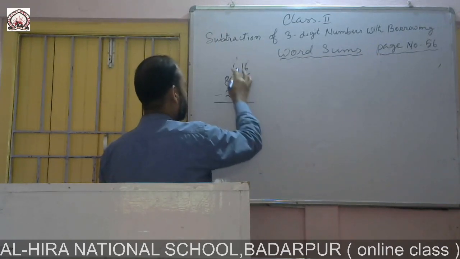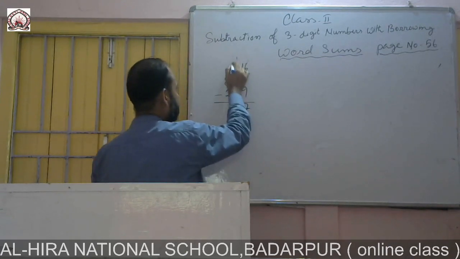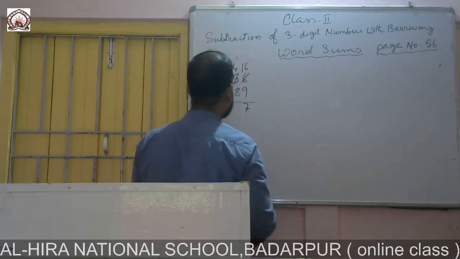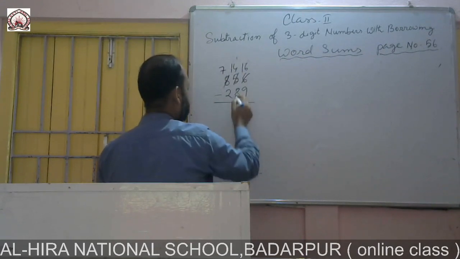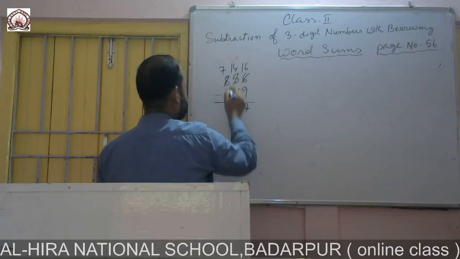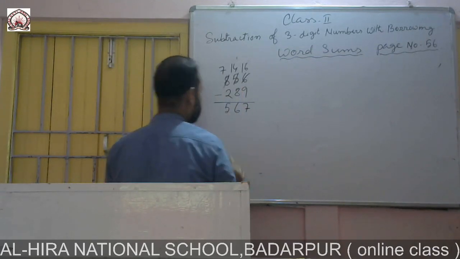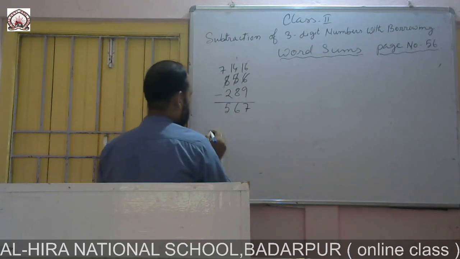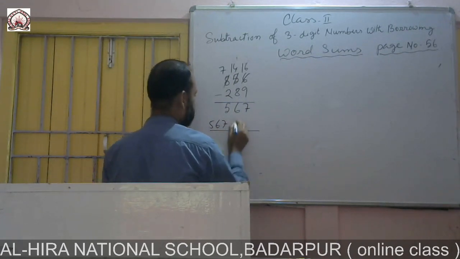Borrow 1, then remain 4. 4 minus 8 also can't, then borrow 1 from 8, then there is 14, and there remain 7. 14 minus 8 is equal to 6, and 7 minus 2 is equal to 5. So how many trees left? 567 trees.